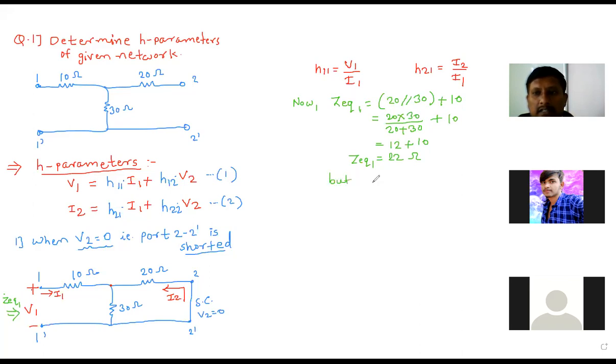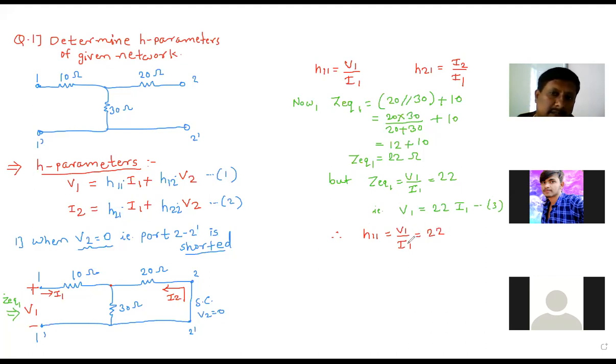But Z equivalent 1 is nothing but V1 upon I1, which is 22. So V1 is equal to 22 into I1. This we can consider as equation number 3. From this you can find H11. Therefore H11 is equal to V1 upon I1 is equal to 22, and since this is an impedance, the unit is ohm. This is the answer of H11.